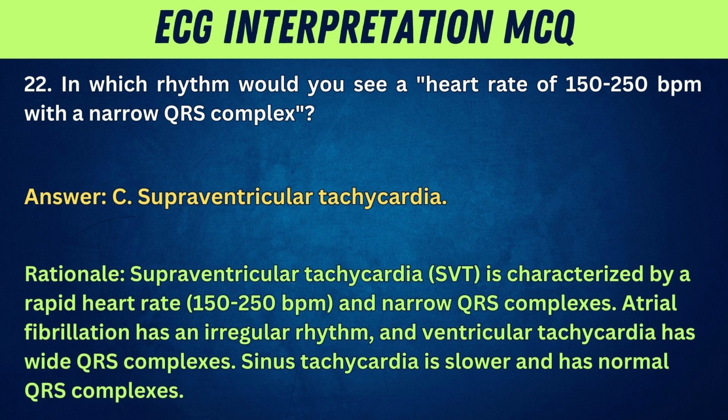Rationale: supraventricular tachycardia, SVT, is characterized by a rapid heart rate, 150 to 250 BPM, and narrow QRS complexes. Atrial fibrillation has an irregular rhythm, and ventricular tachycardia has wide QRS complexes. Sinus tachycardia is slower and has normal QRS complexes.